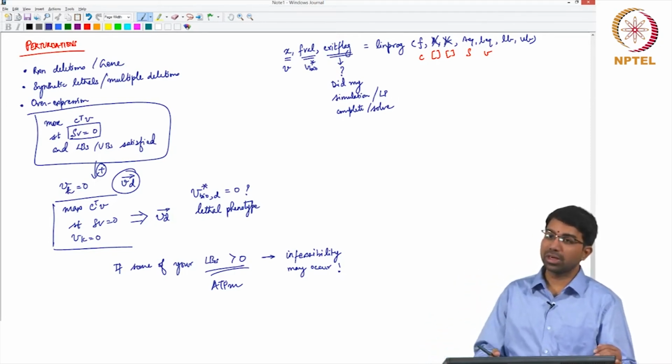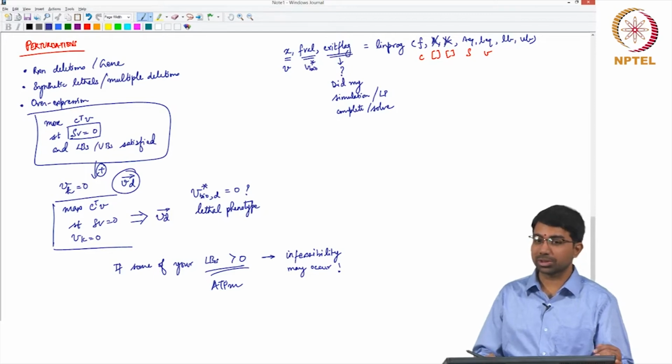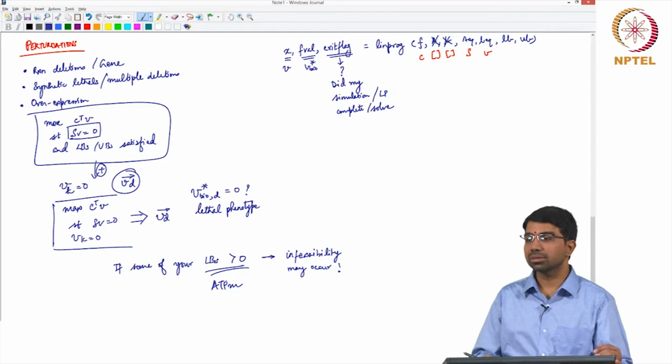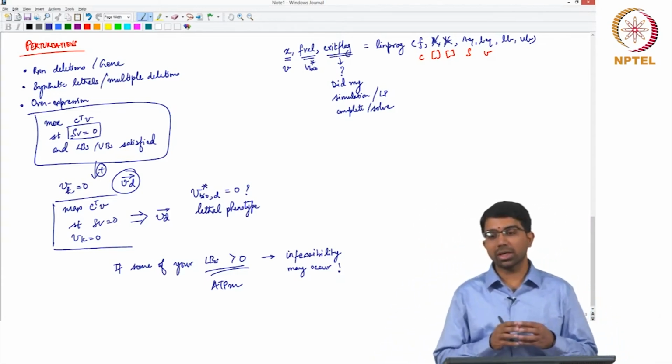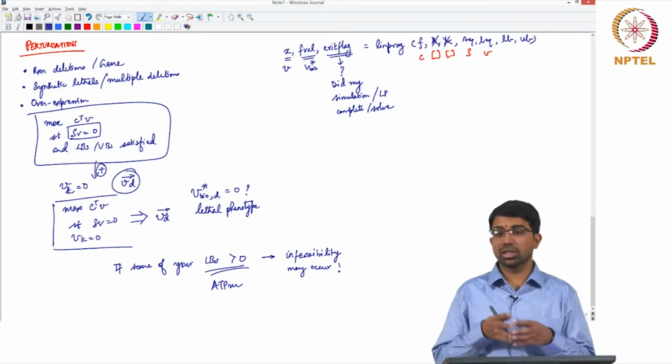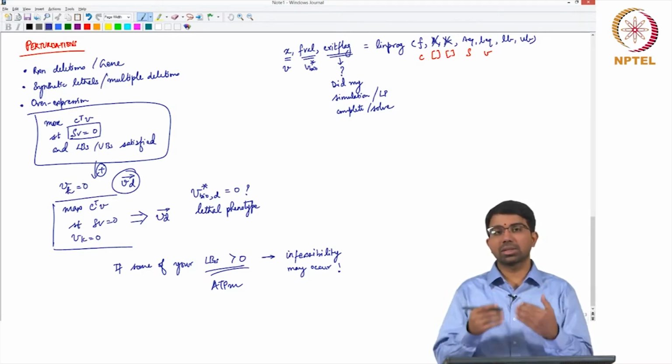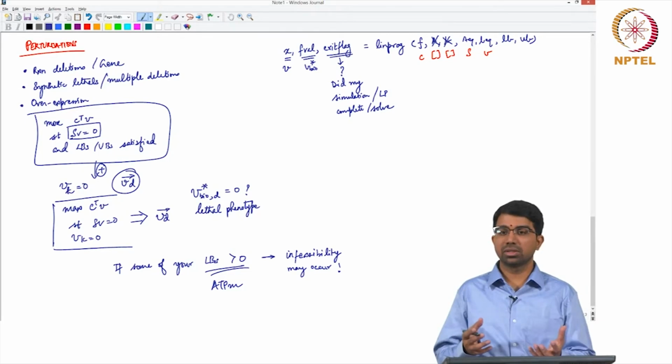So, very well, this becomes a tricky scenario now. You may have to find out that you have an infeasible solution and therefore conclude that it is actually a lethal phenotype. Normally we conclude that there is a lethal phenotype only if you get a 0 optimal solution, like my maximum growth rate possible is actually 0.